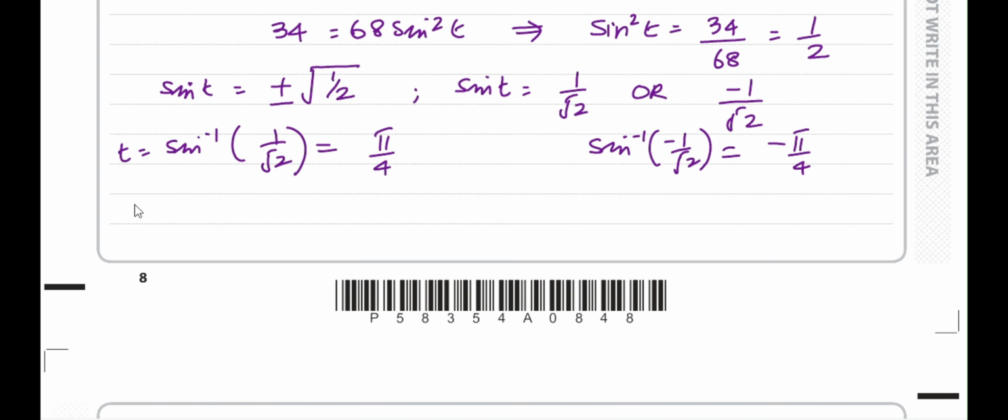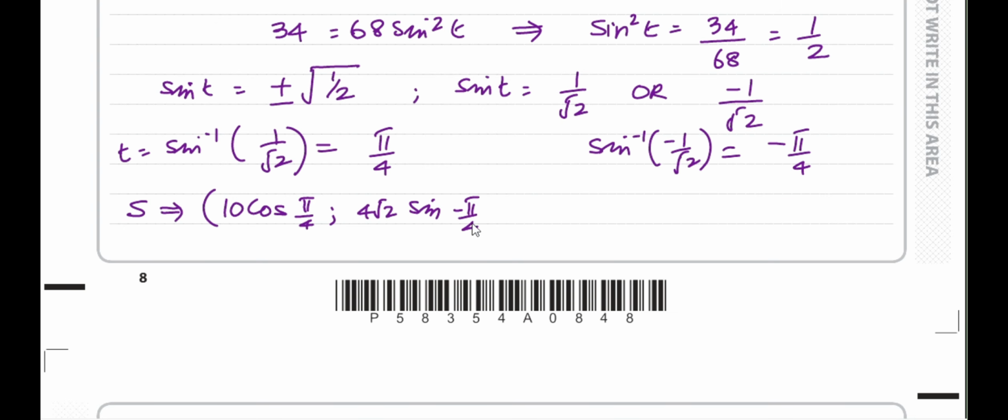Therefore, the point S should be 10 cos pi over 4 for the x coordinate and 4 root 2 sin of minus pi over 4 for the y coordinate, because it is in the fourth quadrant. That is equal to 5 root 2 comma minus 4.